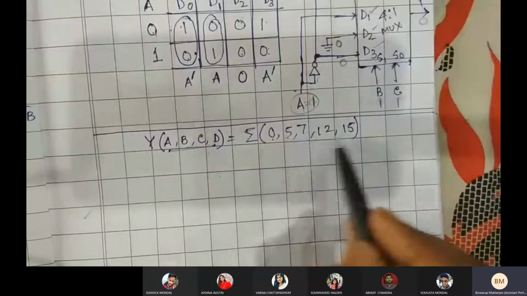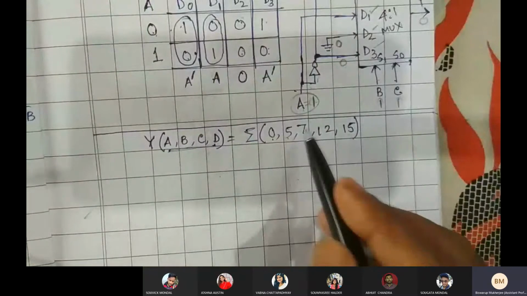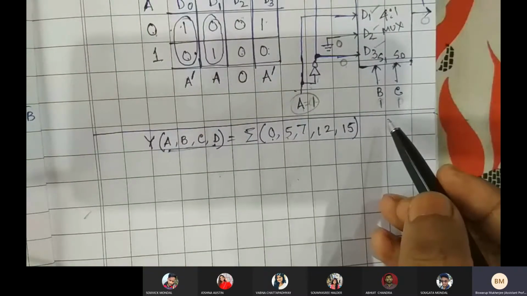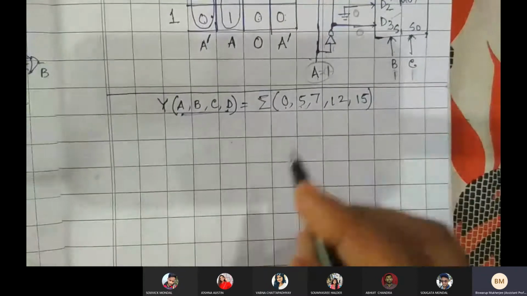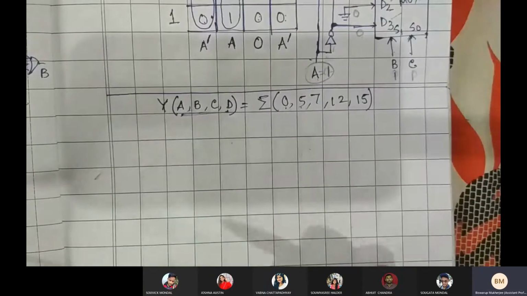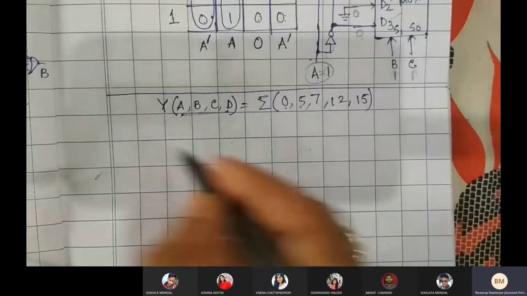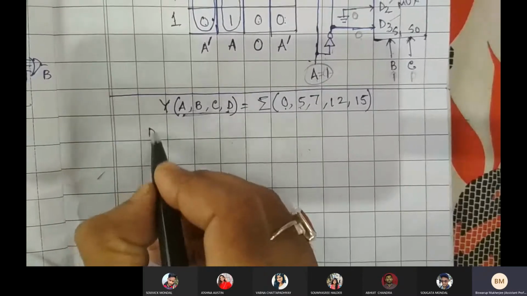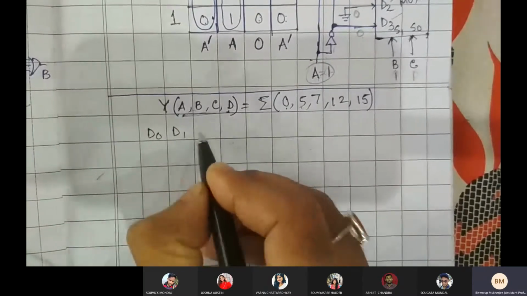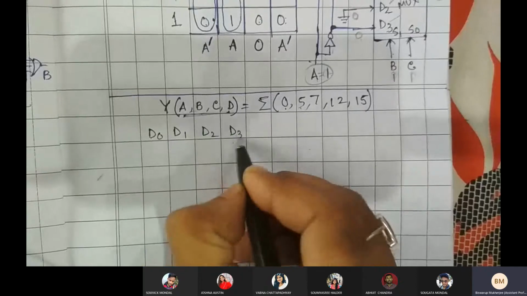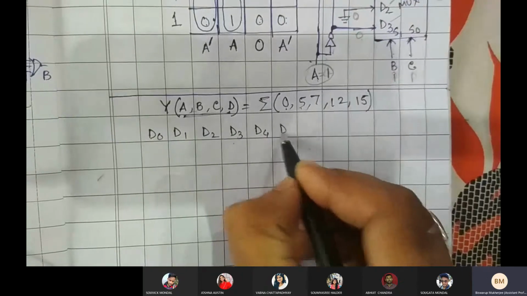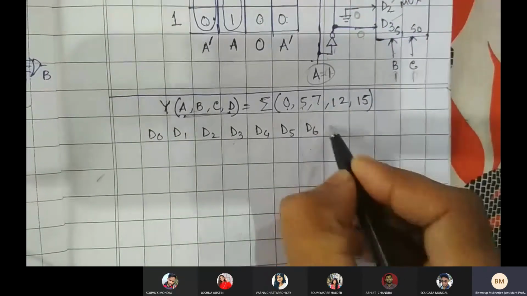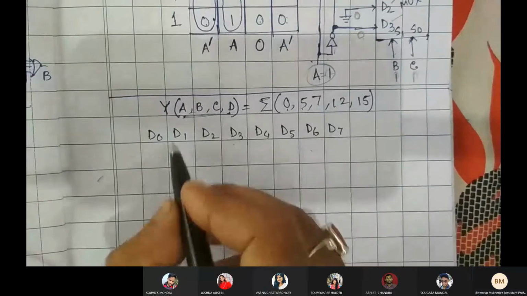So whenever you are having 1, just connect this data line with 1, and the rest of the data lines should be connected with 0. But here we would like to make this one with an 8:1 multiplexer. Okay. So for an 8:1 multiplexer, we will be having D0, D1, D2, D3, D4, D5, D6, and D7, right?